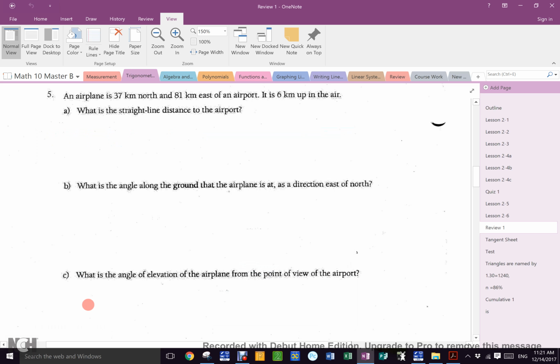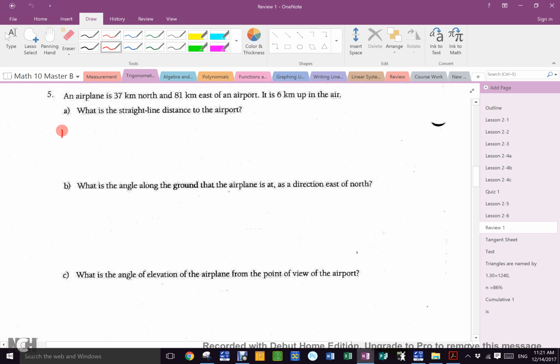Okay. Now, obviously, this is a difficult question because it requires you to make more than one triangle, yes? Because the plane is up in the air. So I'm going to draw this hopefully in such a way as to make it easier for you to see. I am going to say that north is red and east is blue.